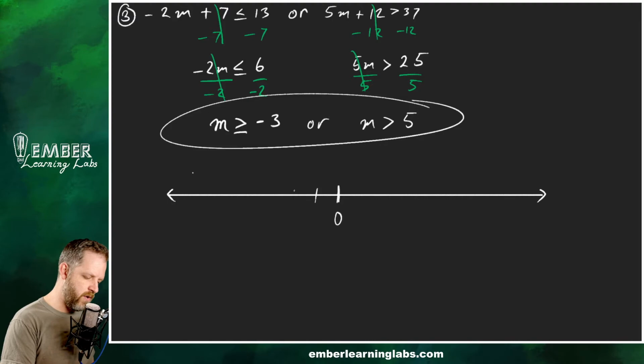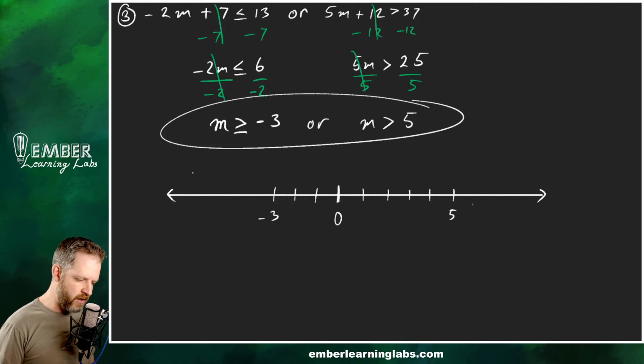We're going to go down 1, 2, 3 and mark -3 and up 1, 2, 3, 4, 5. And we're going to put a 5 right there. Looks right. Looks good.